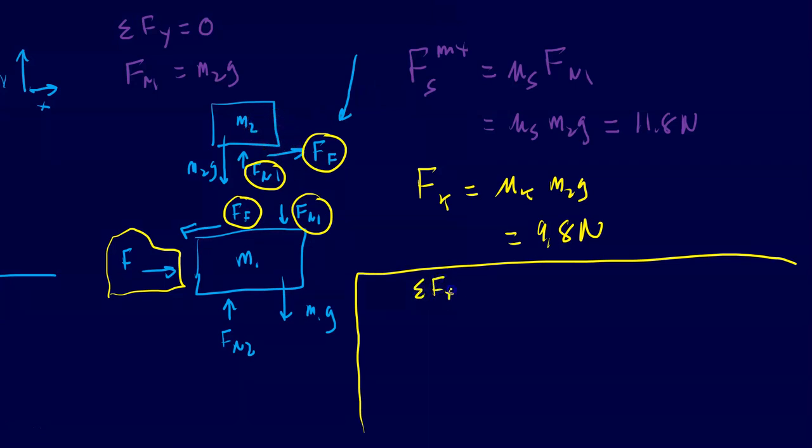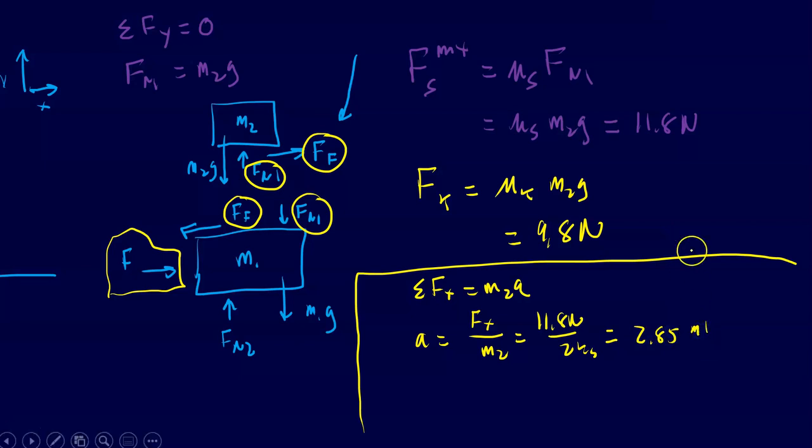So if I isolate block 2 and say that Fx equals m2 times a, the only force acting on it would be the 11.8, so that would be the net force. And so if I solve for that acceleration, I'll get the Fx force divided by m2, which in this case would be 11.8 newtons divided by 2 kilograms, which when I calculate that out, I got 5.9 meters per second squared.